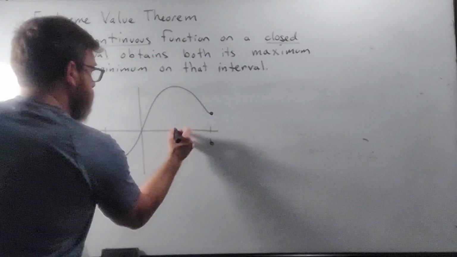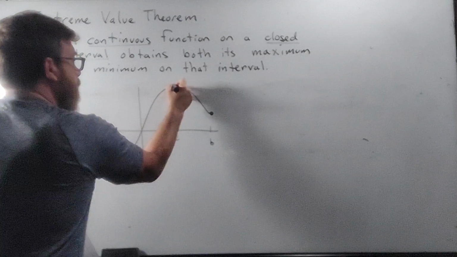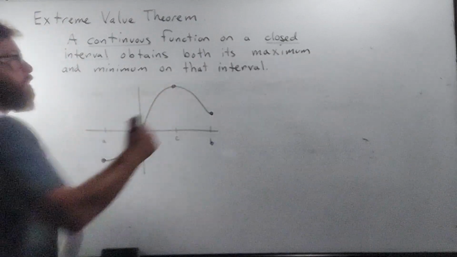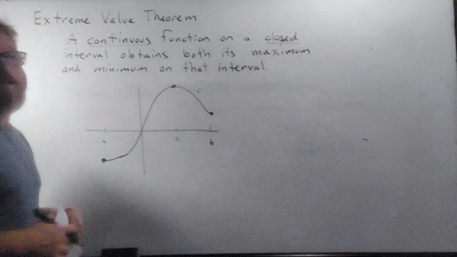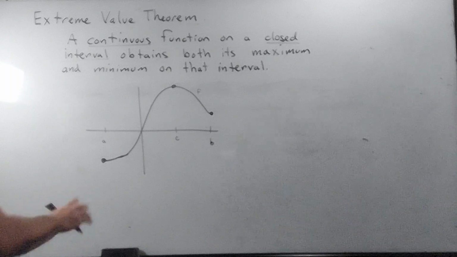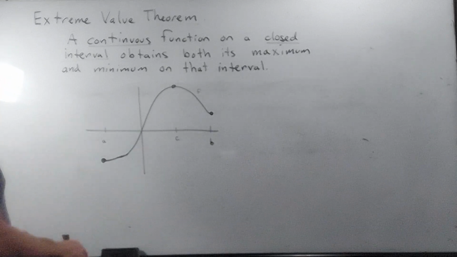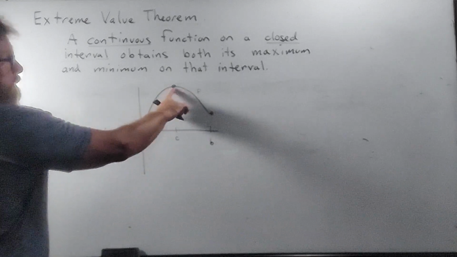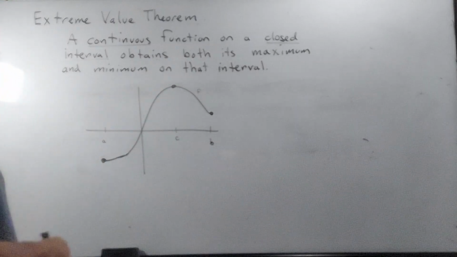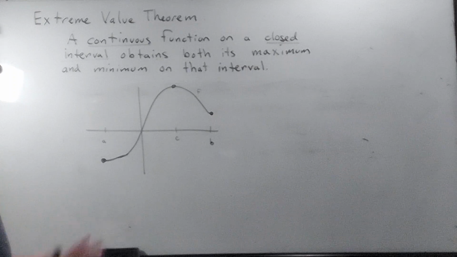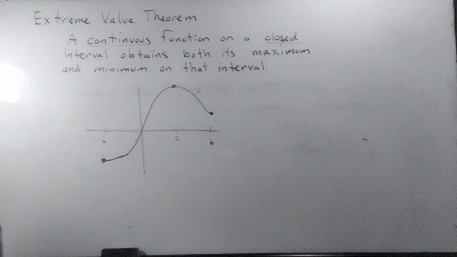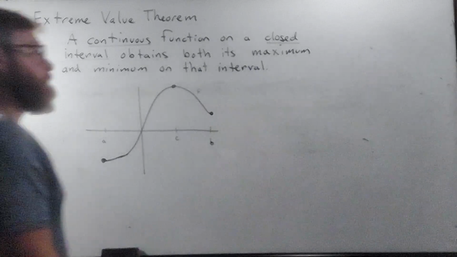And we can see that there's some c value here, that value right there, which is going to be its absolute maximum, which means this function f evaluated at c is going to be bigger than all the values as well. Now, it could have more than one of these. It doesn't always mean that this has to be the maximum or endpoints have to be the minimum. We'll see various pictures of different functions. But what I can guarantee you is as long as it's a continuous function on a closed interval, there will be an absolute max and there will be an absolute minimum.